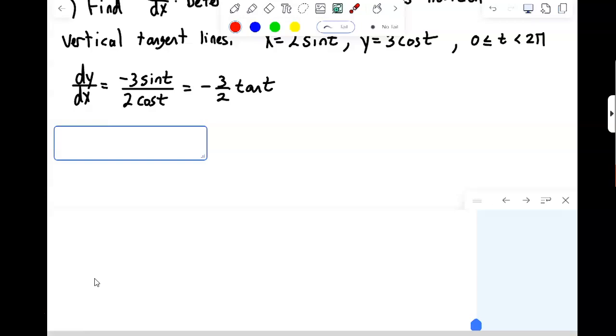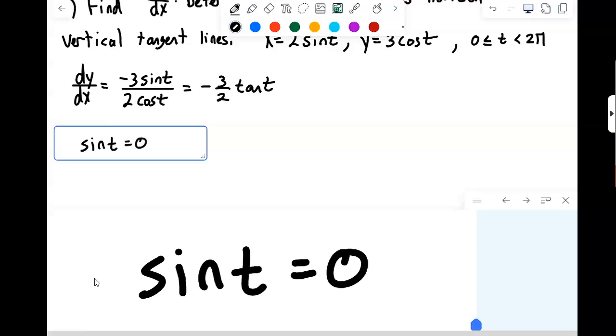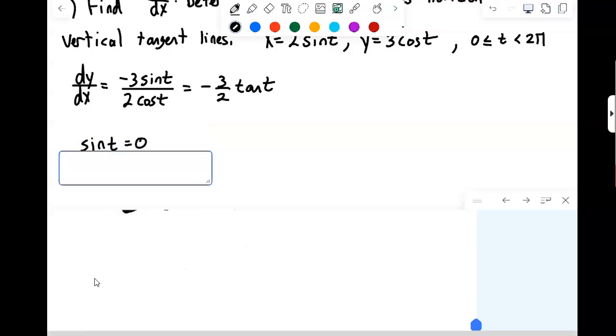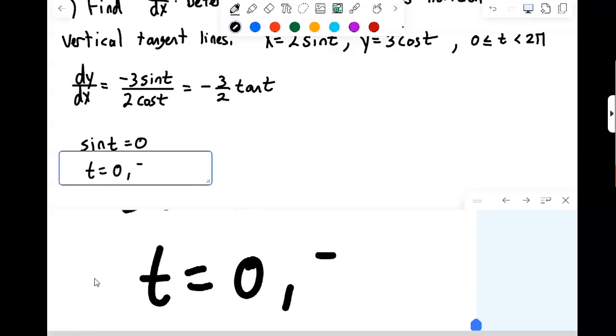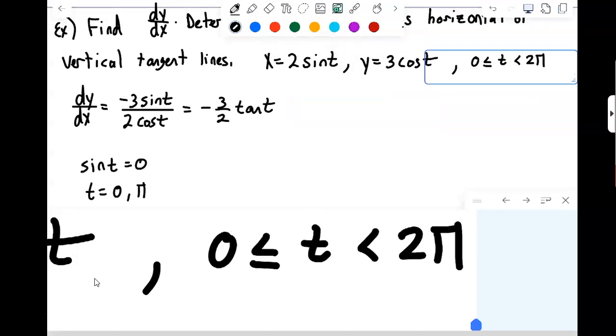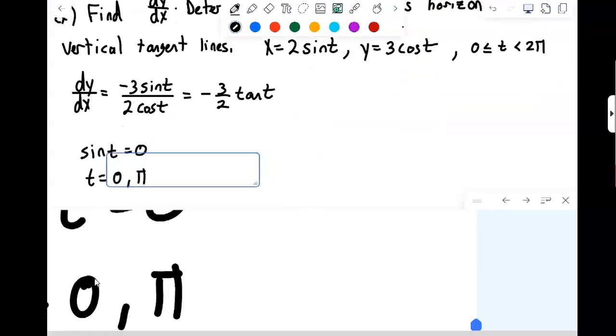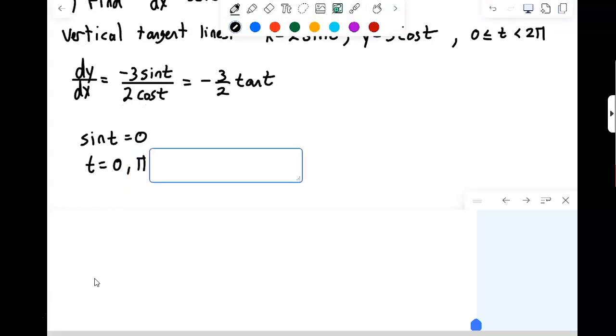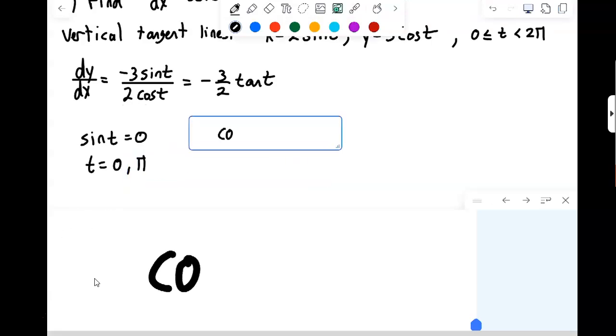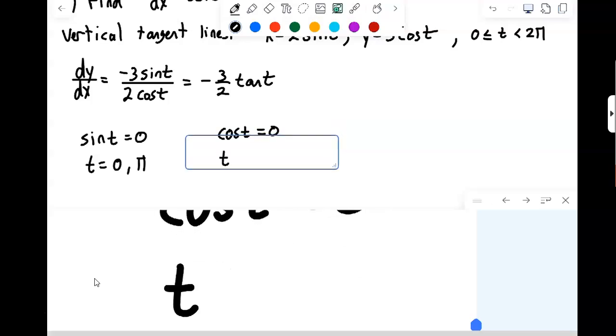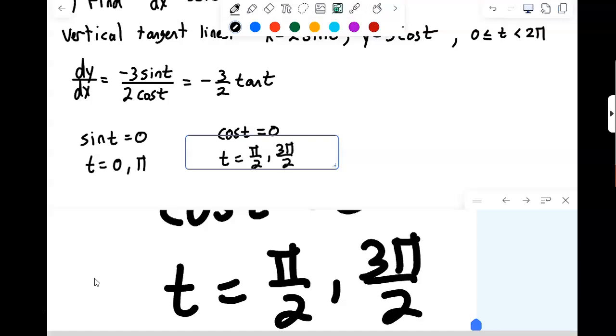So we basically can solve this problem by looking for the horizontal ones by setting sine of t equal to 0. And we recall that sine of t is 0 at 0 and at pi, also at 2 pi, but our graph stops short of 2 pi, so 0 and at pi, and cosine of t, of course, is 0 at pi over 2 and at 3 pi over 2.